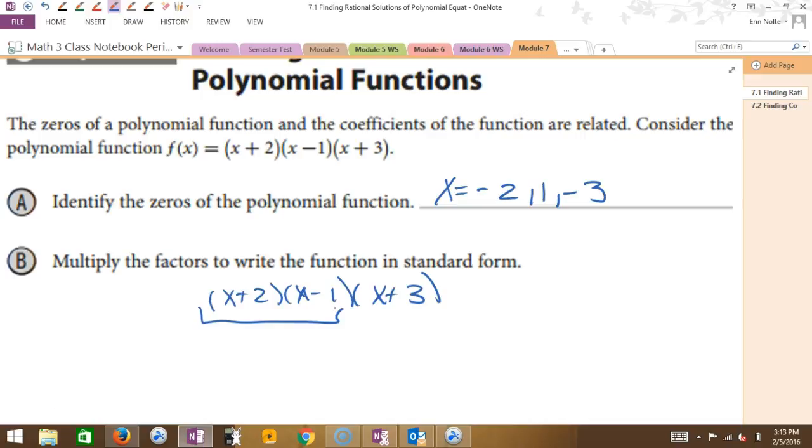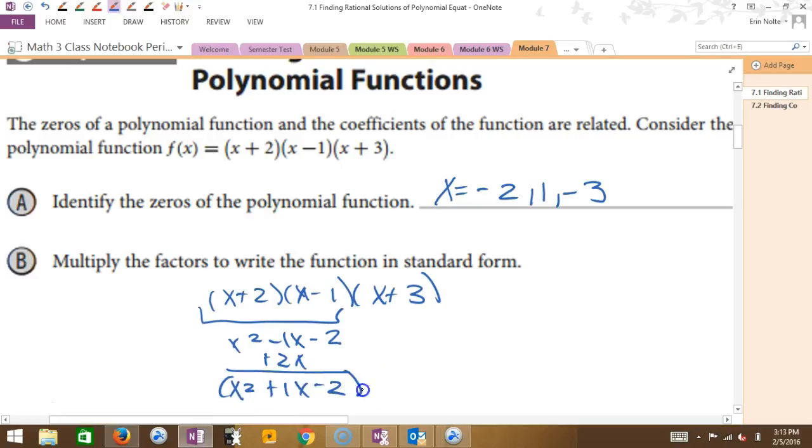So we start FOILing, and you would get x squared minus 1x minus 2 plus 2x, right? Okay. So you get x squared plus 1x minus 2, and then you multiply and drag that piece down.